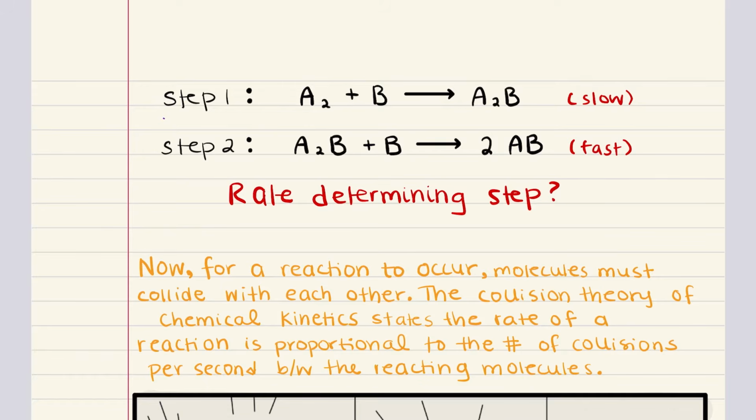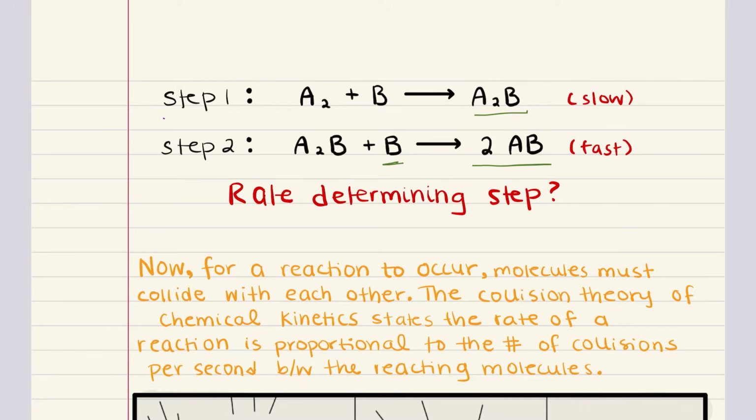So for instance, the mechanism might involve 2 steps, where step 1 has A2 plus 1 mole of B reacting together to form A2B, and then A2B plus another mole of molecule B react together to finally form our product, 2 moles of AB.